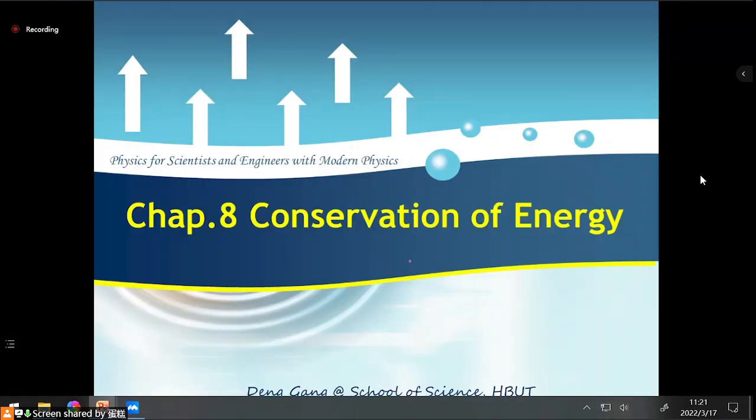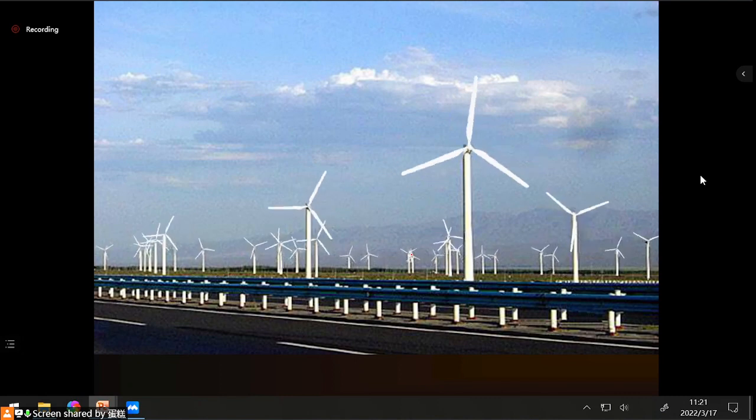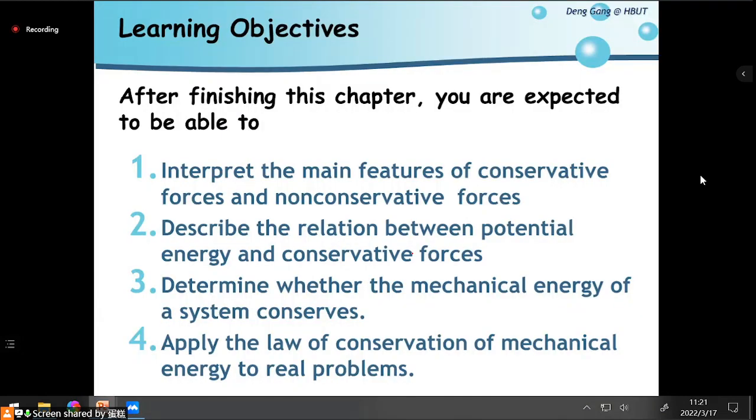Okay, so the next section is about the conservation of energy. After finishing this chapter, we are expected to be able to do the following things. You need to know how to interpret the main features of conservative forces and non-conservative forces, and describe the relation between potential energy and conservative forces.